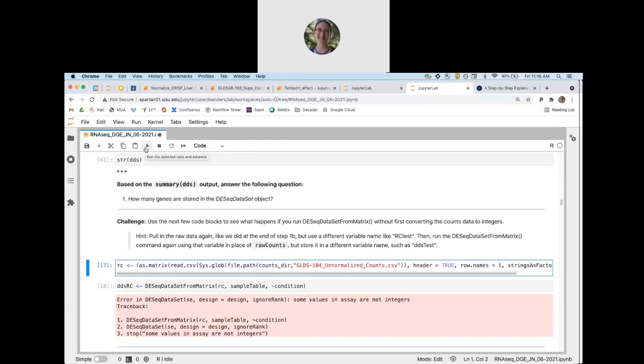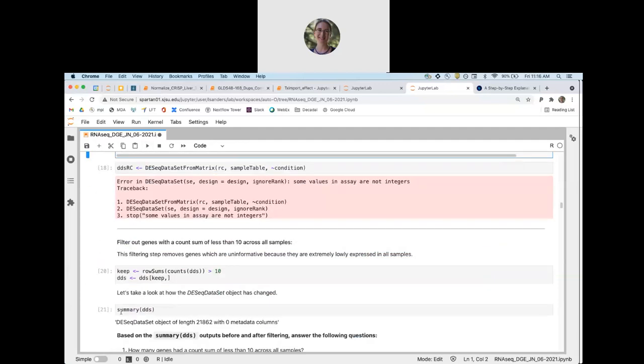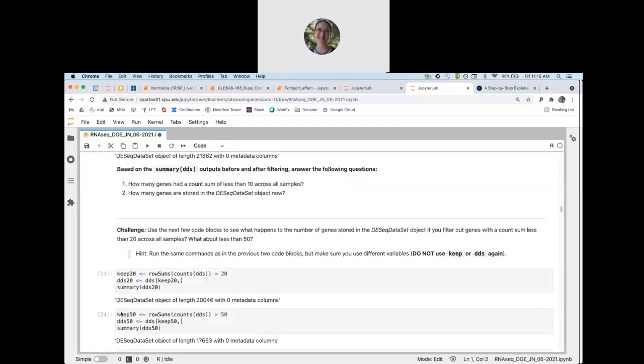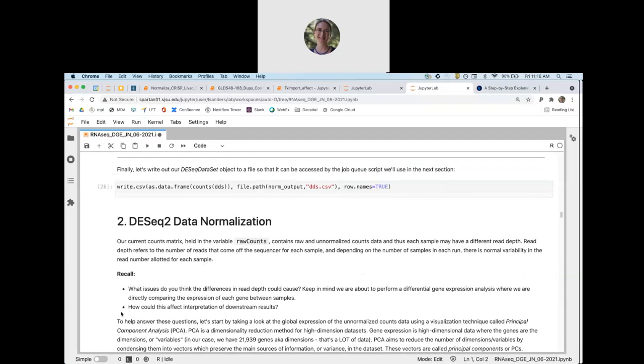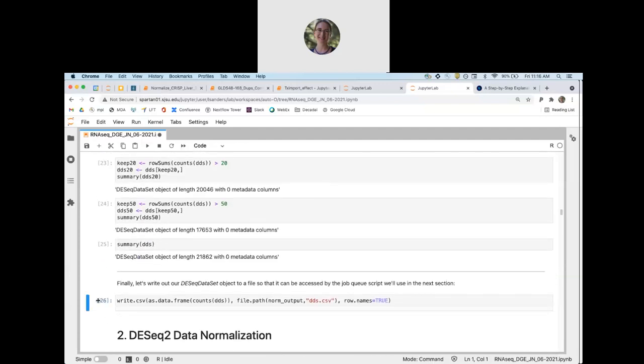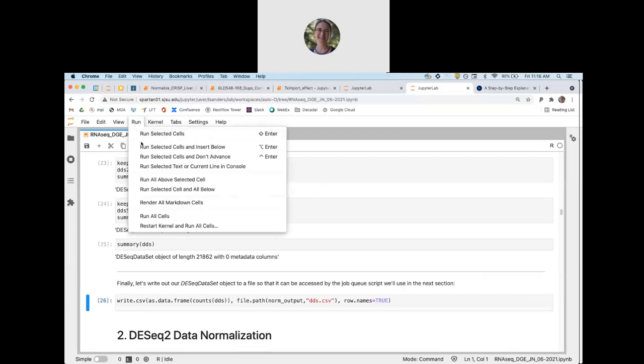And just as you're running through, examine the outputs to make sure you're not getting any weird or unexpected errors. Oh, good point, Rashi. You can select a specific cell. That's true. If you want to, you can scroll down to our last run cell, which was the write.csv with the DESeq dataset object. You can go up to Run and Run All Above Selected Cell.